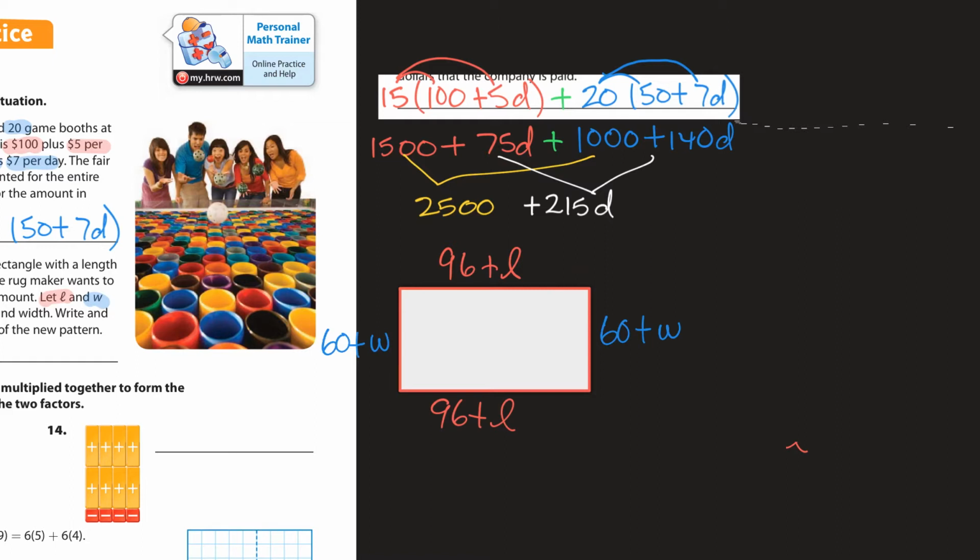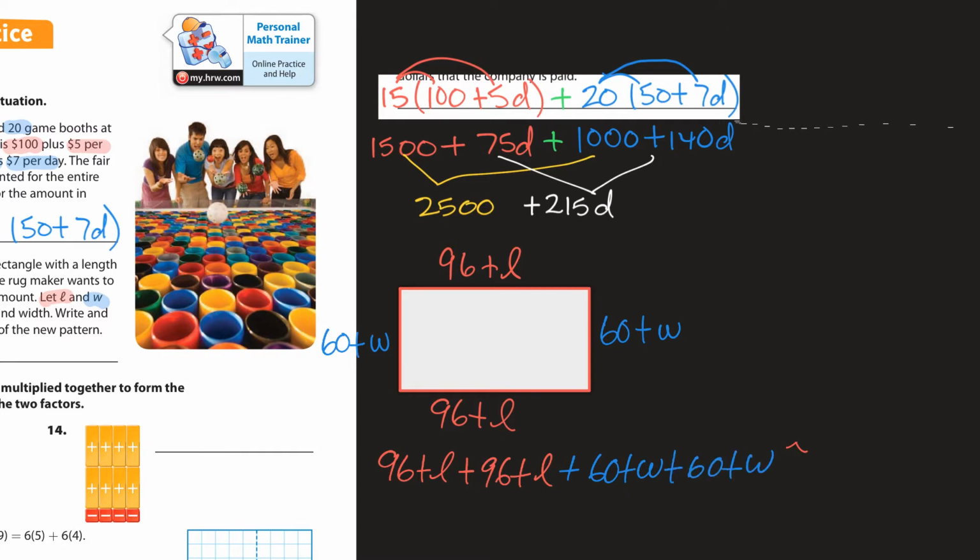And now we need to add this all up. It would be 96 plus L plus another 96 plus L plus 60 plus W plus another 60 plus W.